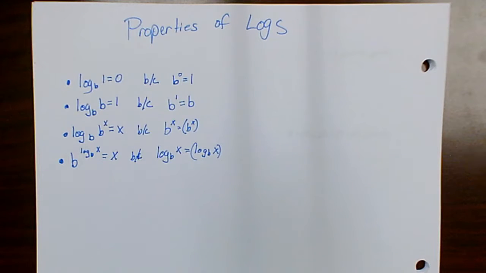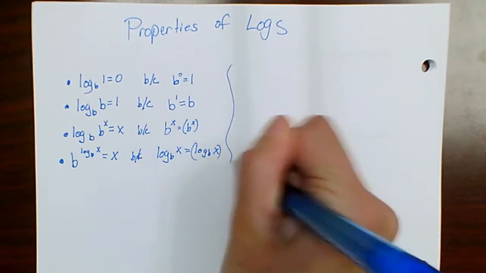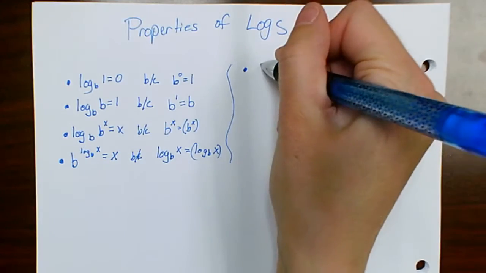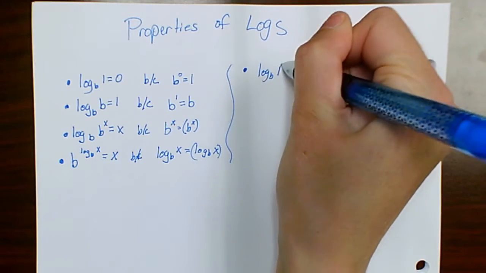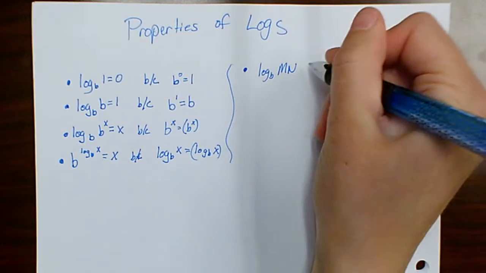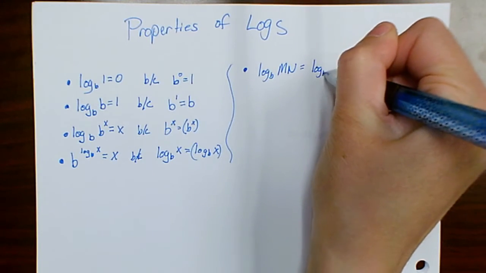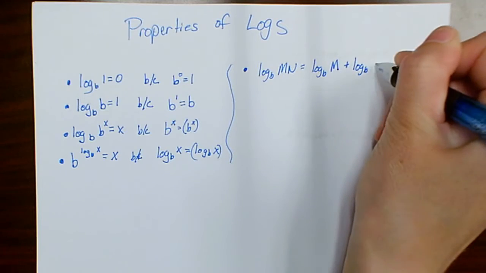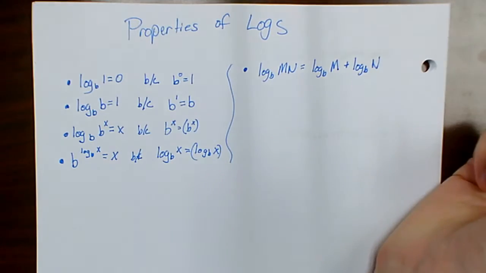Okay, now the second set of properties. This is the product property. So if we have log base b of m times n, we can actually split that up so that we can take log base b of m plus log base b of n.